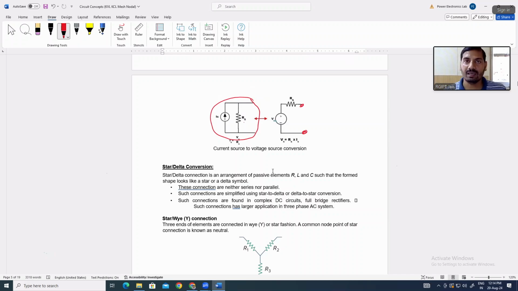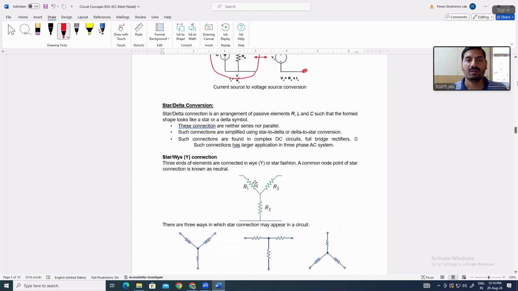If there is a star connection or delta connection, you can convert it into the other. If by converting star to delta or delta to star the circuit is simplifying, you can use it. So this is for your help also.